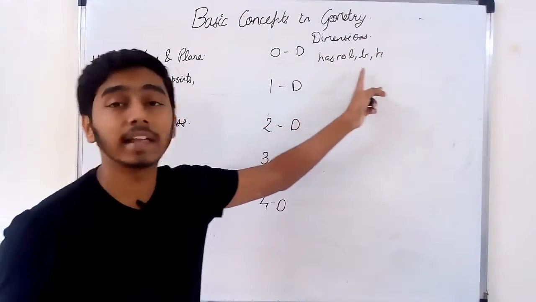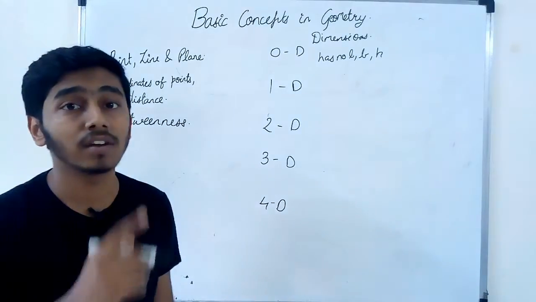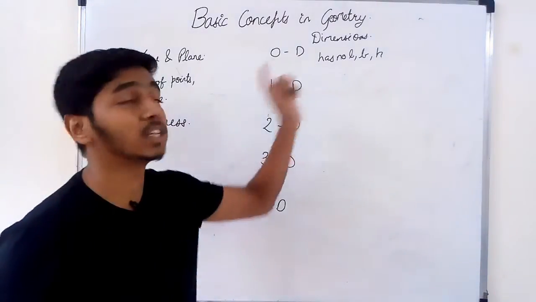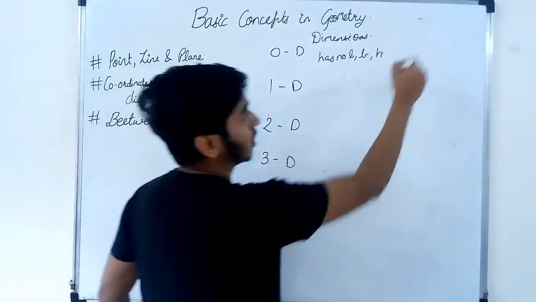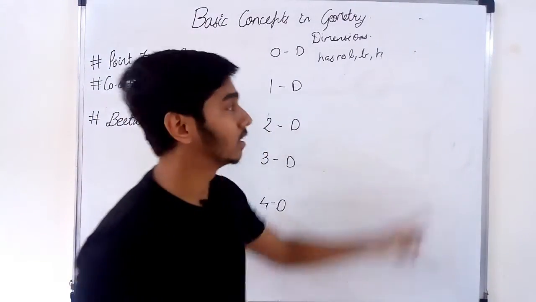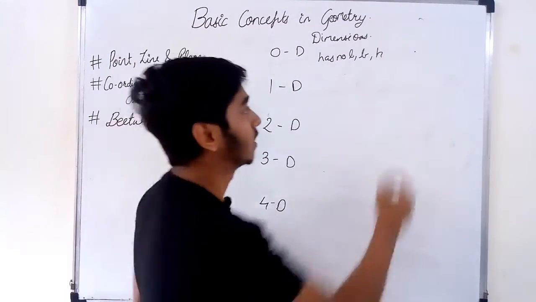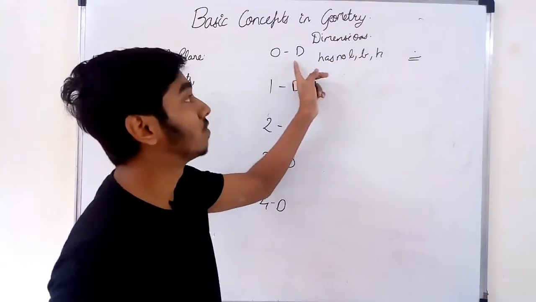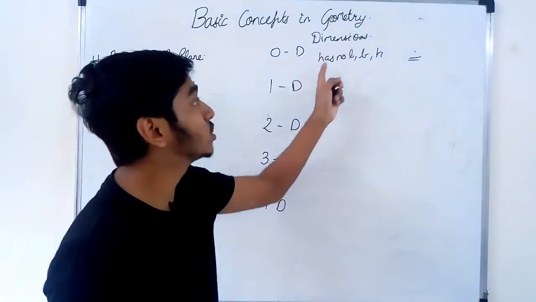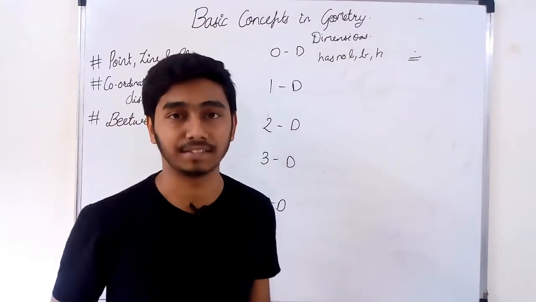If you think of an example for this zero dimension, it is a point. Just a dot. That is a point: it is of zero dimension, meaning it has no length, breadth or height.